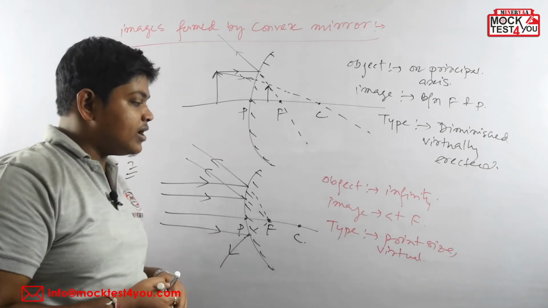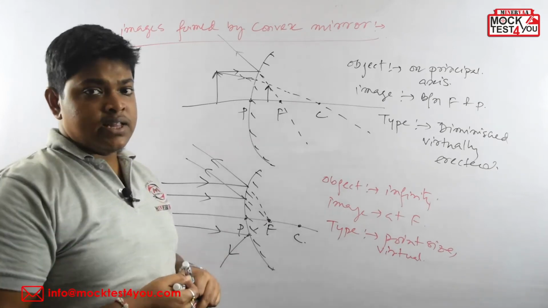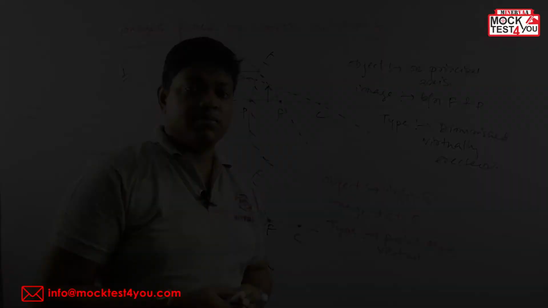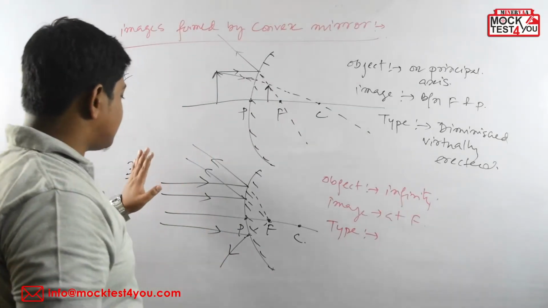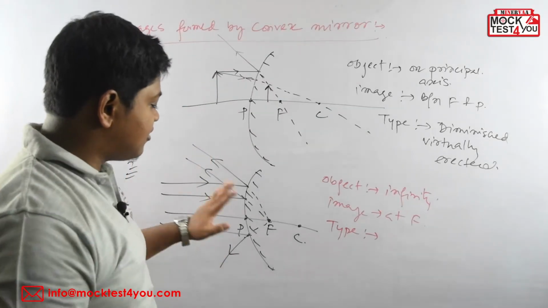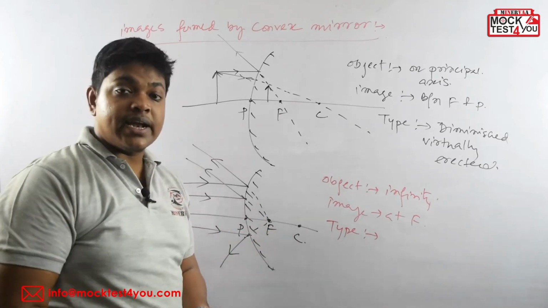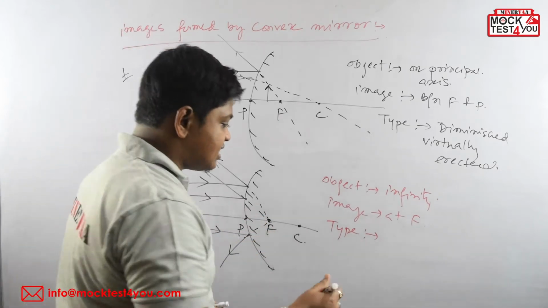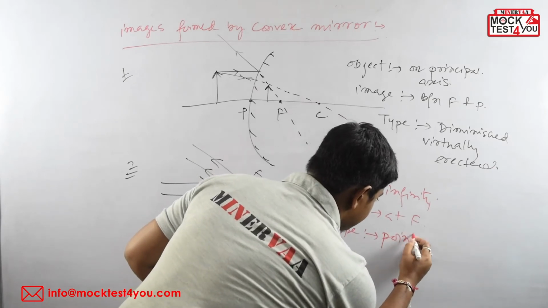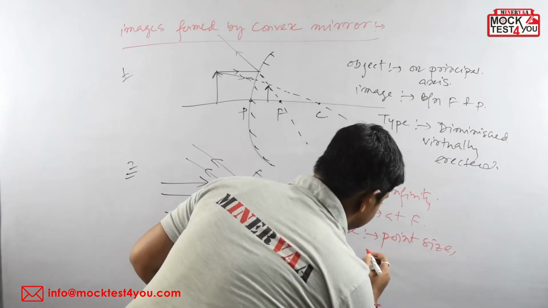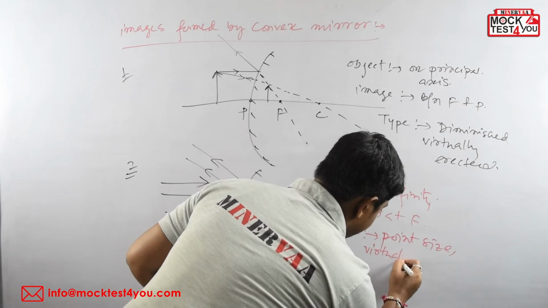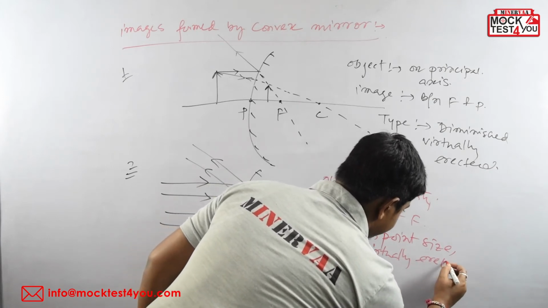But for the case of a point size image, it is very rare to decide whether it is erected or not. So in this case, if you are placing that object at infinity, you are getting the image at focus, and it's a point size image. So in the place of type, we are writing it's a point size image, it's virtually erected, right?